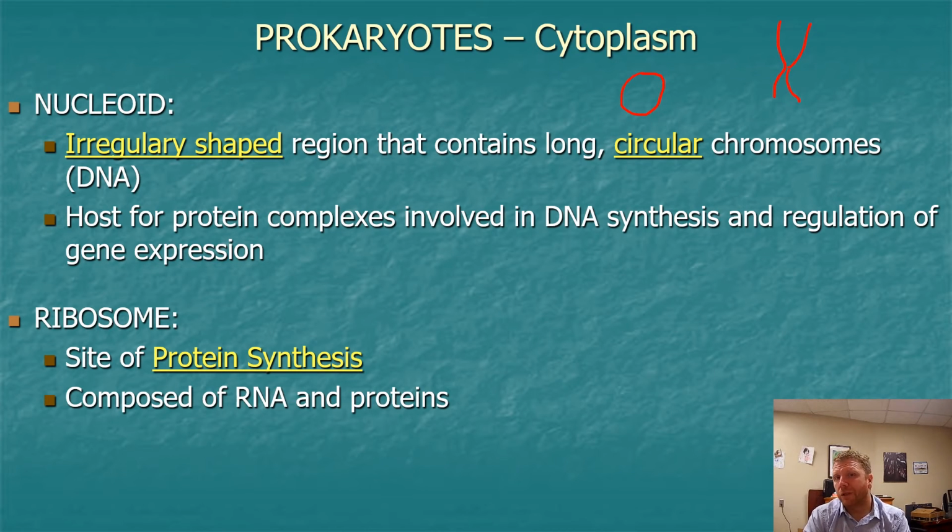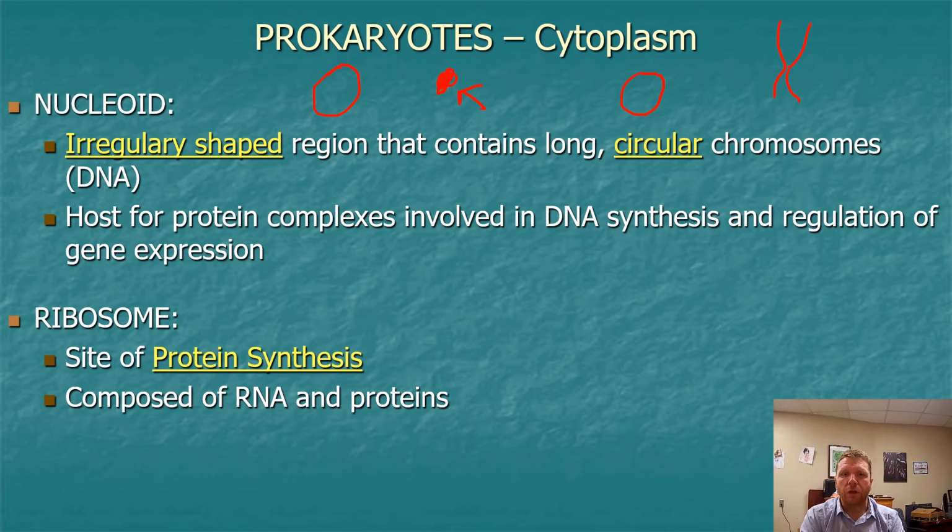And that circular chromosome is significant because this long circular object is going to wrap in on itself, and so you're going to have these unique coils. And this right here is a little bit closer to what a circular chromosome is going to look like if you were to look at it under an electron microscope.